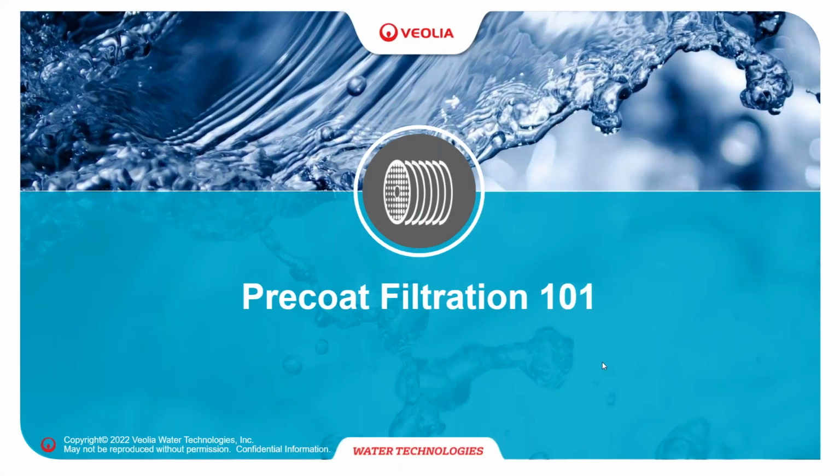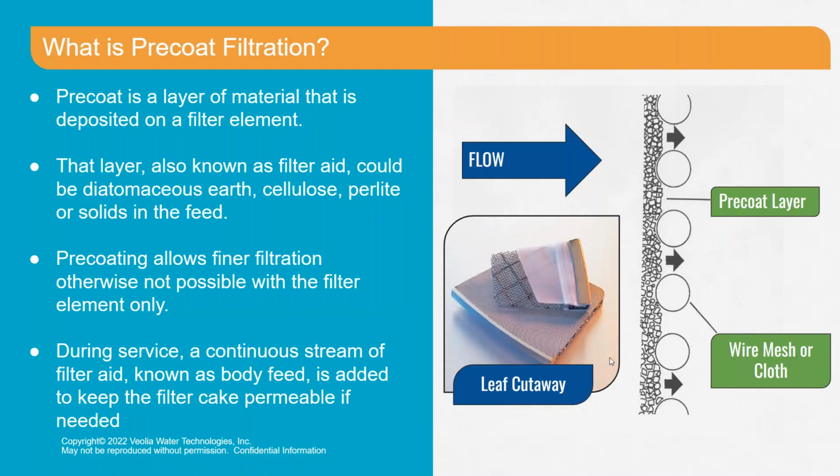So let's take a look at what Precoat filtration is. Precoat filtration is a solid liquid separation process that uses a filter element that throughout this presentation we're going to be referring to as leaves. Here you can see a leaf cutaway that we have. The Precoat is a layer of material that is deposited on this filter element.